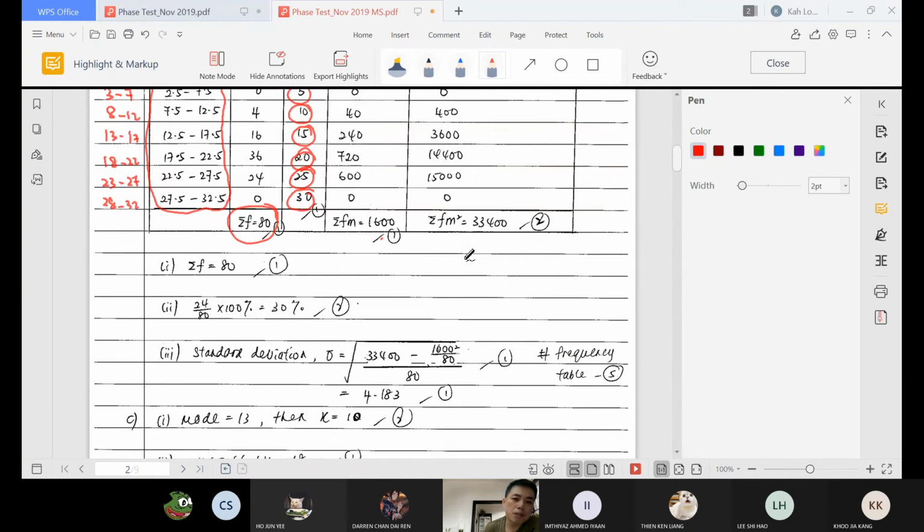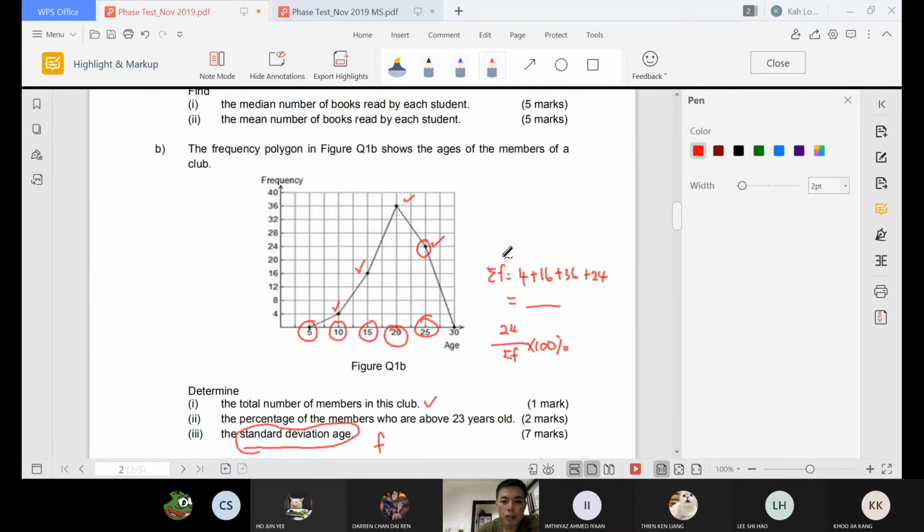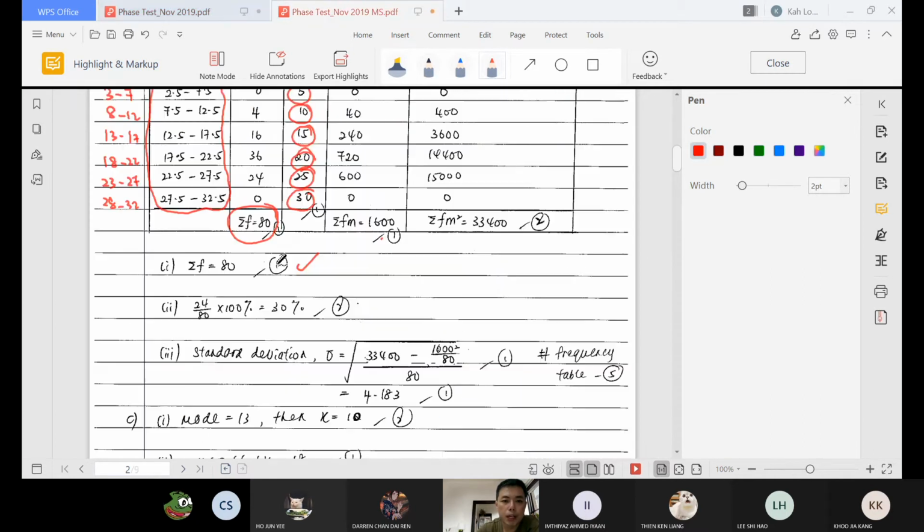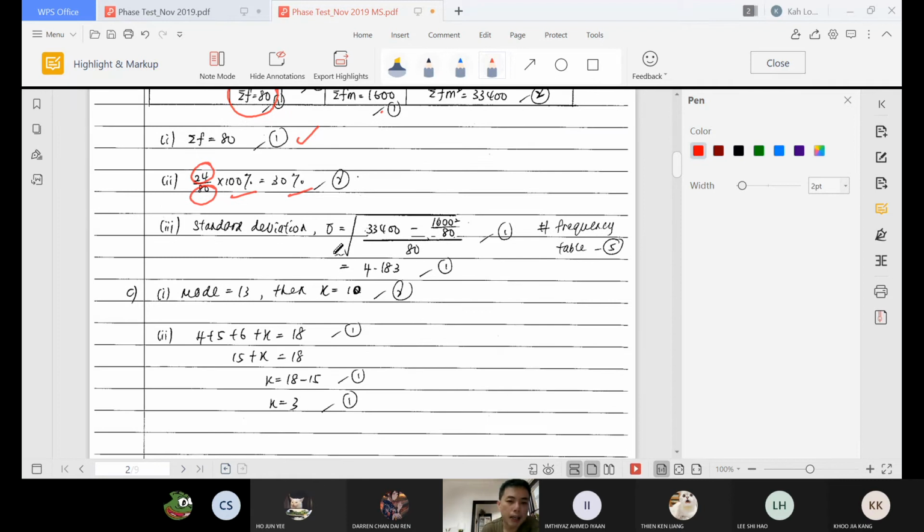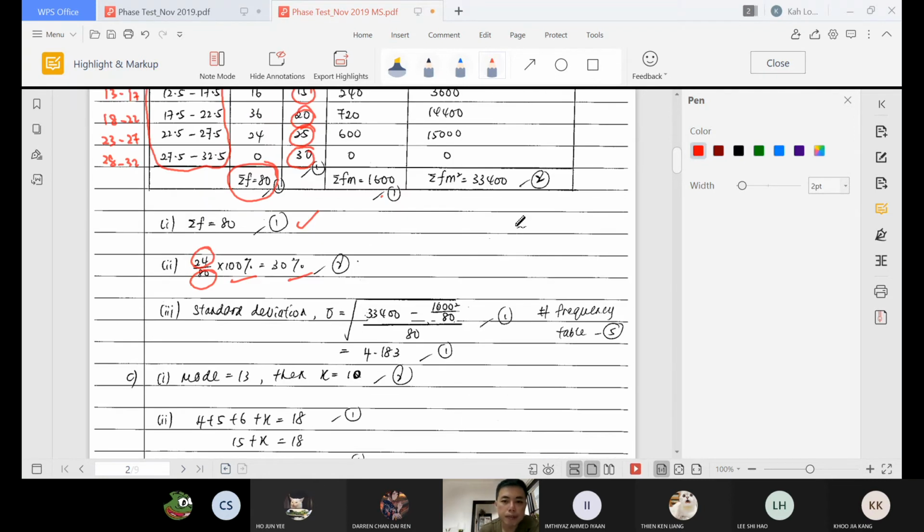So like just now, sigma f is 80. For the members who are more than 23 years old, it is only 24 people, over the 80 times 100 is 30%. And then the standard deviation, after you calculate sigma fm square, you can plug in.